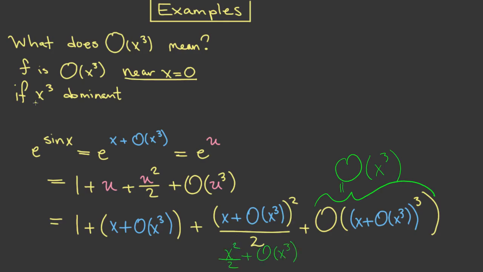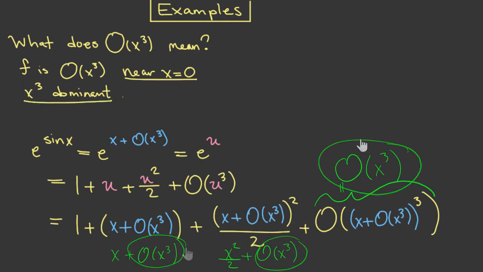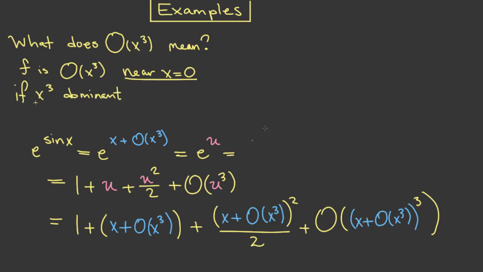All of that just gets absorbed into this big O of x cubed. Similarly, this error term all just gets absorbed into this big O of x cubed. So what I'm left with is 1 plus x plus x squared over 2 plus big O of x cubed. And that's the quadratic approximation.